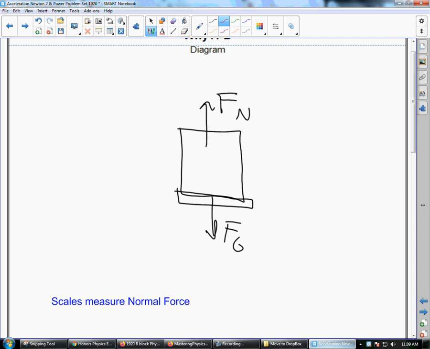Downwards for my case. So if my net force is downwards, which direction is my acceleration? Downwards. They're always in the same direction. Net force, acceleration, always in the same direction. That's another factoid to put in your mind.